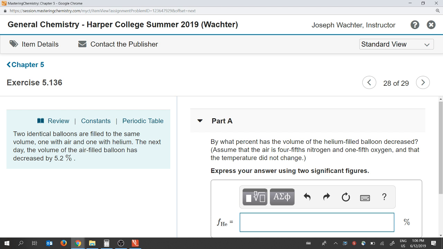All right, so the ratio of the effusion rate between the air and the helium equals the square root of the inverse of the molar mass ratios. Okay.